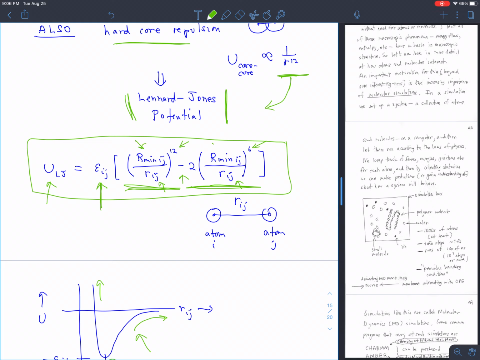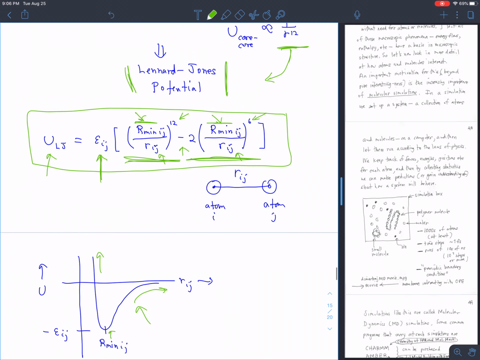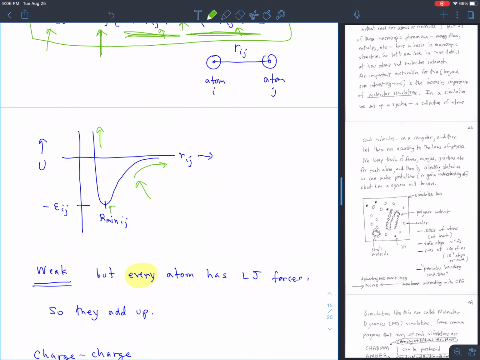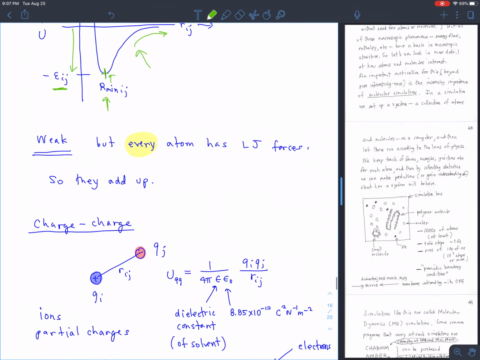The other one is this r min ij, which appears in two places here. Those are the two parameters, and r min ij is the same thing as r0 in our earlier examples. It's the position of the minimum in the potential, and epsilon ij is the depth or the size of the stickiness of the potential. All right, I've already said this several times, so I won't belabor it now.